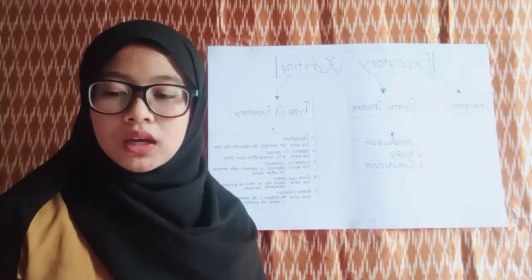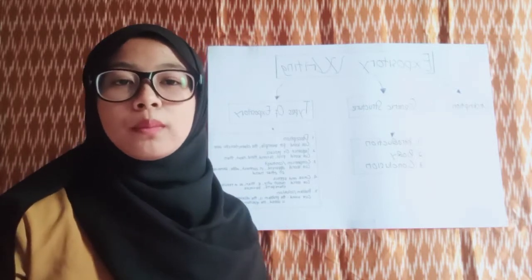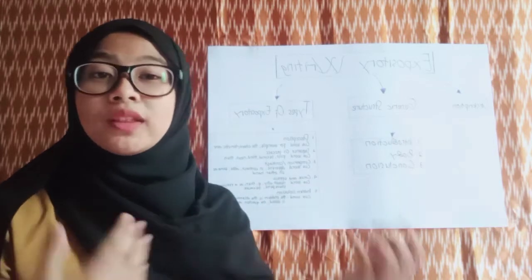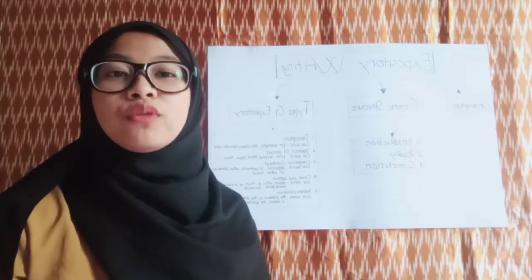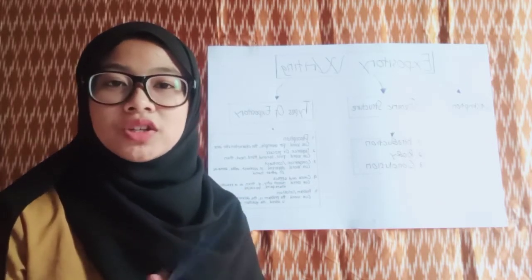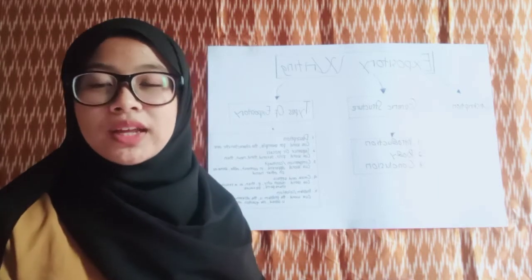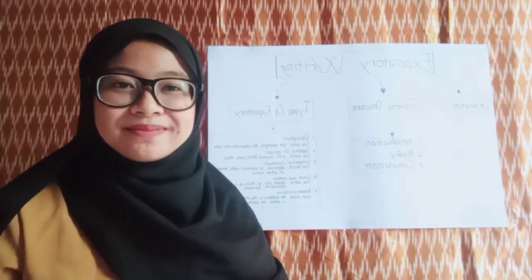Why? Because when we make that assumption, we will be more detailed when writing the topic. So we will search for as much information as we can, so our expository text will be a complete text.